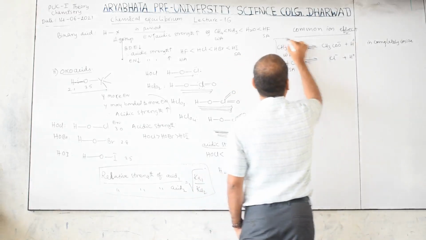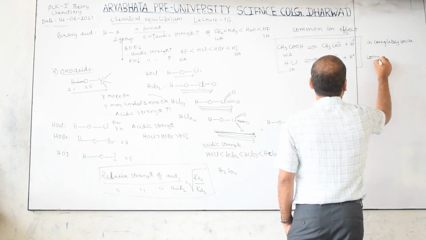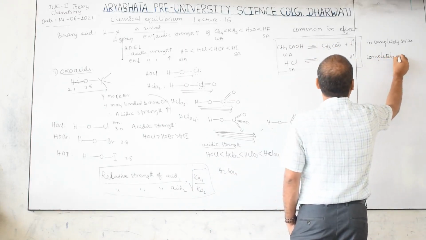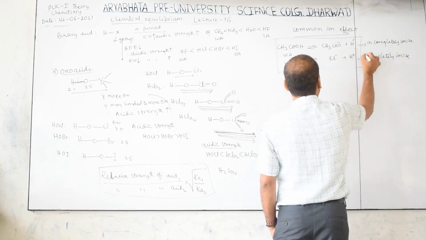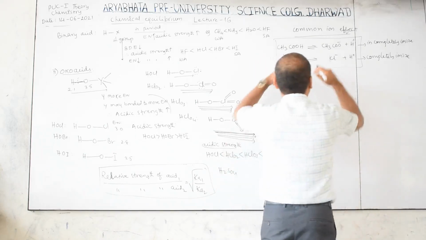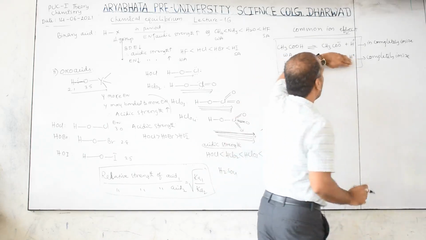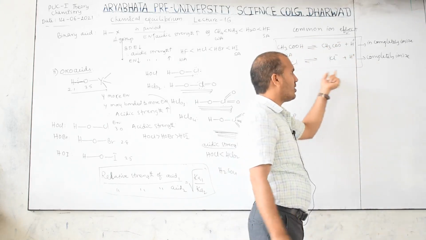Now this is present in one vessel and this is completely ionized. That one is incompletely ionized, this one is completely ionized. Before that, forget this line now, only the first line is there. So to this we added this one. Then what happened here?